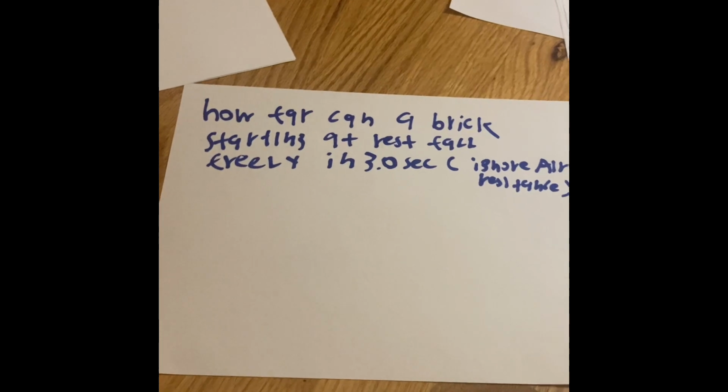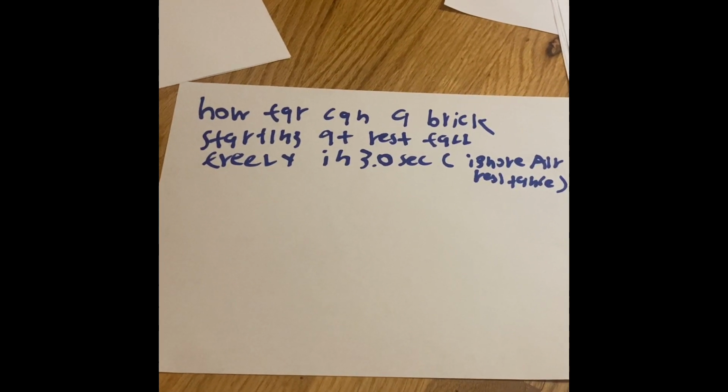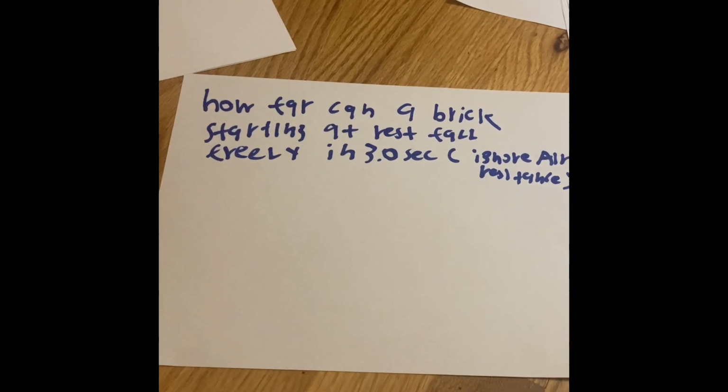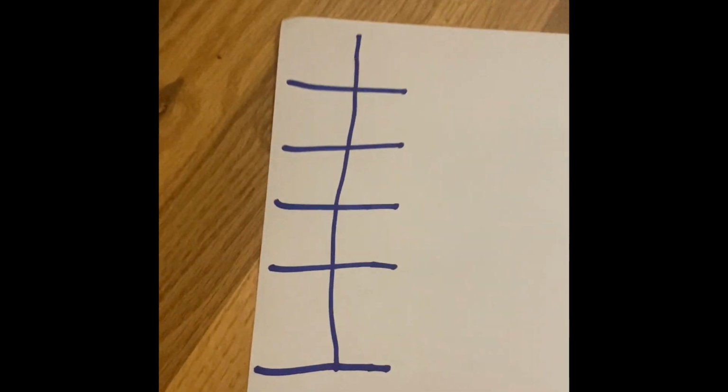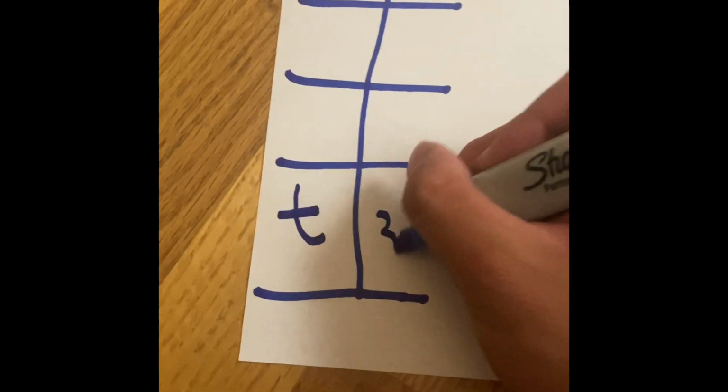For example, how far can a brick starting at rest fall freely in 3 seconds? We're trying to understand how far the brick falls in the 3 seconds. So we know that our time is 3 seconds.